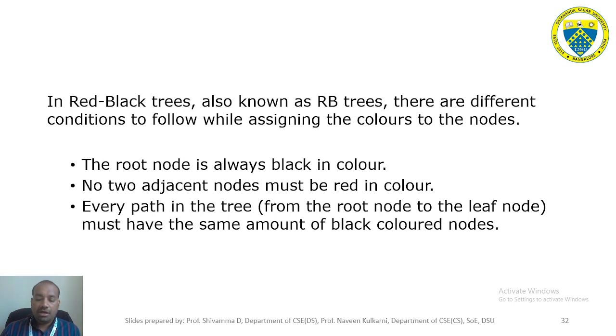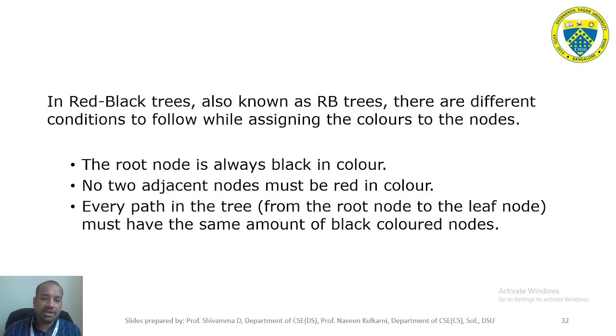First and foremost, you need to remember this carefully. These are the properties of a red black tree. If there is a root node, that root node must be colored black. That's the first property.